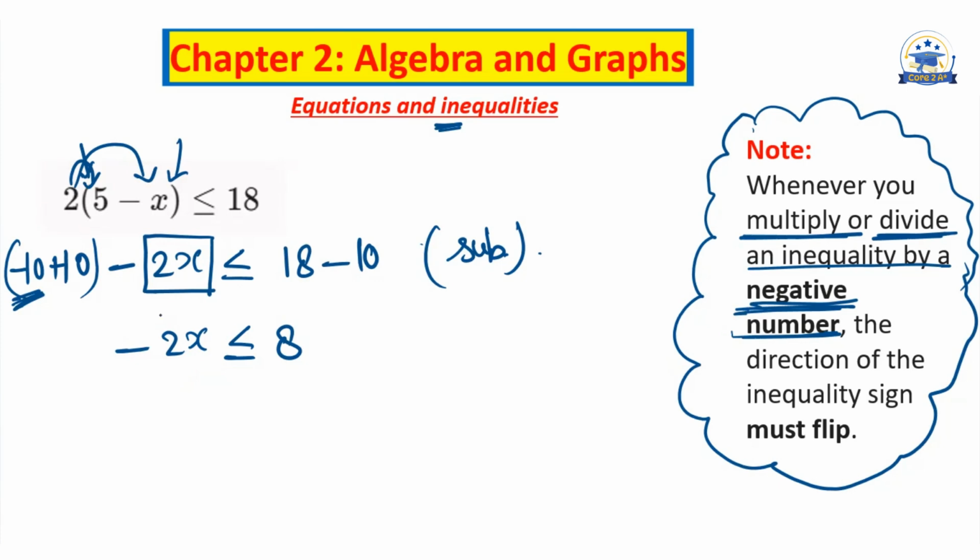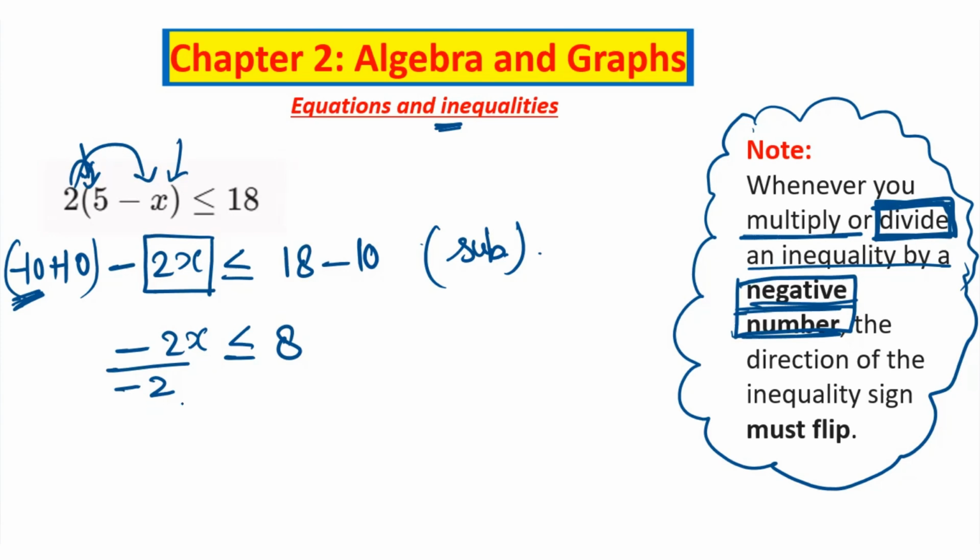Here we have to divide by negative 2 and see the formula. If we multiply or divide, so what operation are we applying over here? Division. And with what number? With a negative number. With minus 2, not 2.